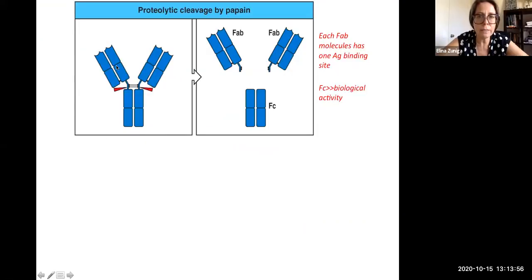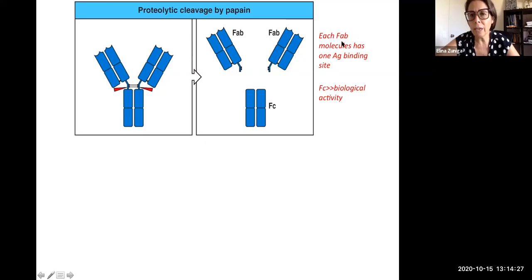So now scientists have worked for many years trying to understand the antibody structures. One experiment they did was to cleave the antibodies with an enzyme called papain. When they did that, they basically broke the antibody into parts. 2 of the parts are identical, and they are called FAB because they contain the antigen binding sites, okay?